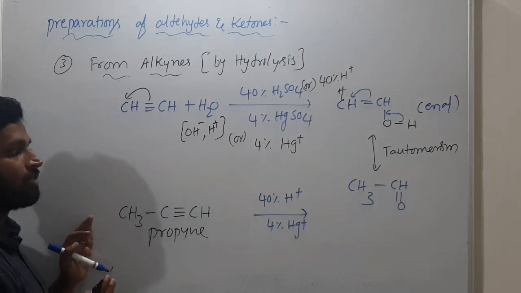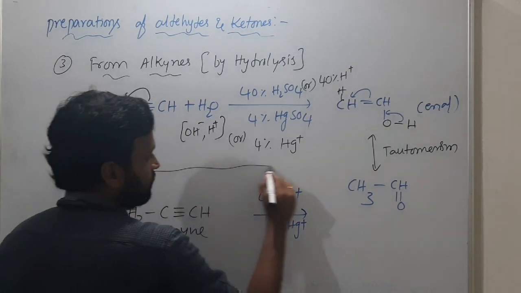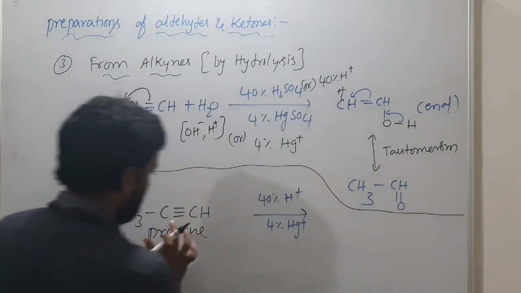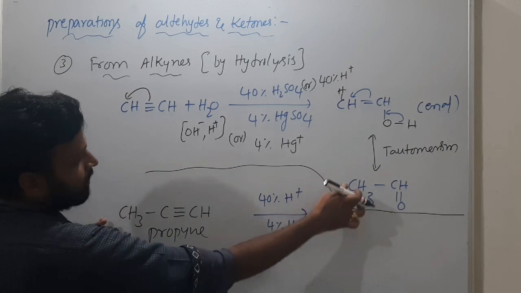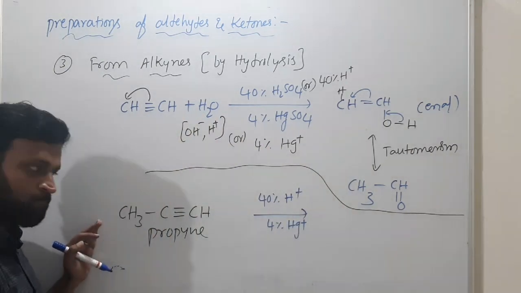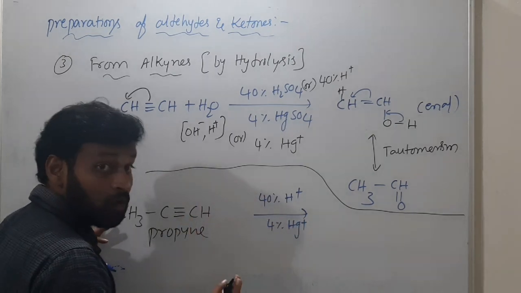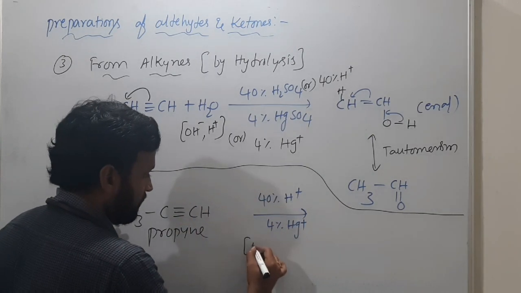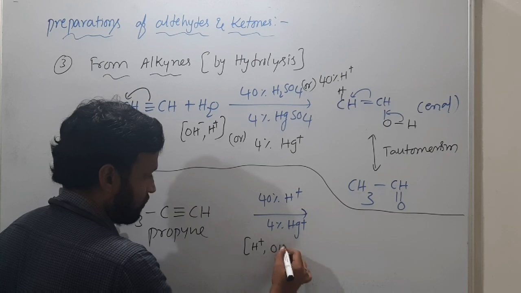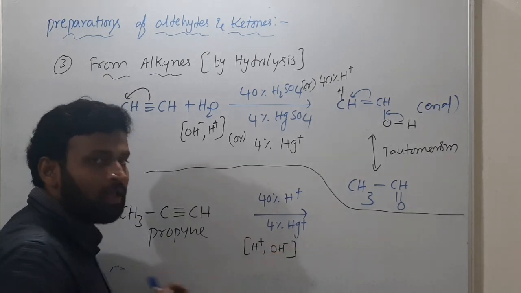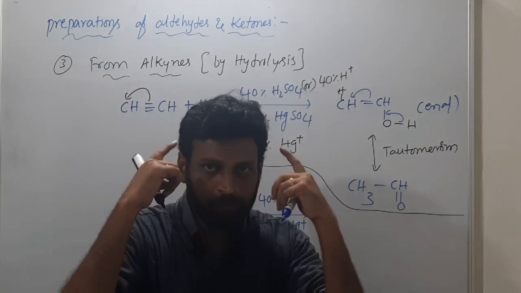What is the product they'll ask you. Now what is the product here for this reaction? Propyne given, water not given, then also addition of water. So H plus and OH minus addition takes place. That must strike in your brain.